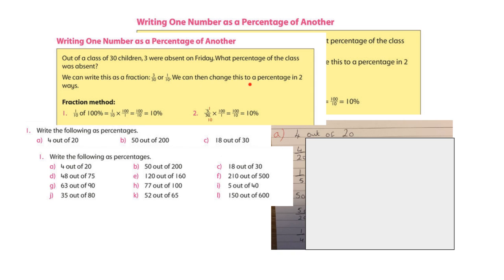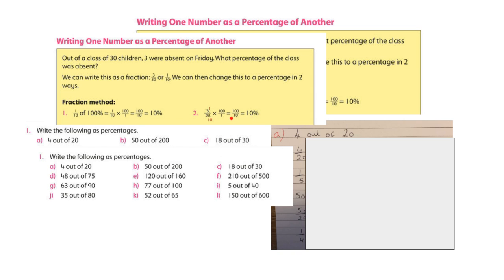So we can change this to a percentage in two ways. We're going to use the fraction method. We know that 1/10 of 100% equals 10%. So 1/10 as a fraction is equal to 10%. If we didn't break it down into a smaller fraction and we had 3 over 30 multiplied by 100 over 1, we could simply break it down here and get 10%.